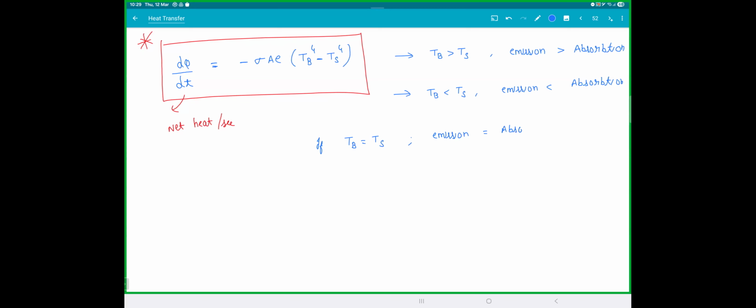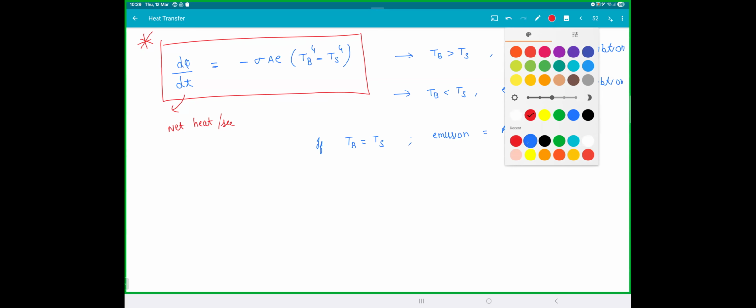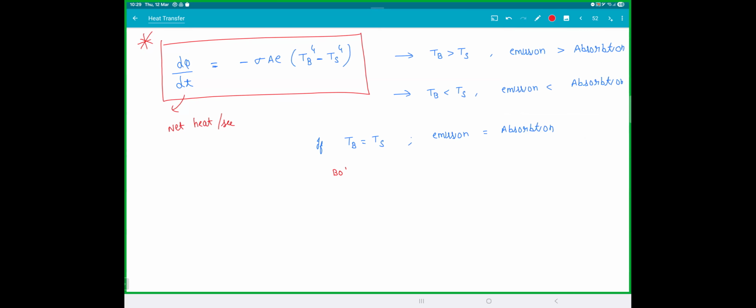It's called dynamic equilibrium. Your emission doesn't stop. You can put in the formula there. It's a straightforward formula.